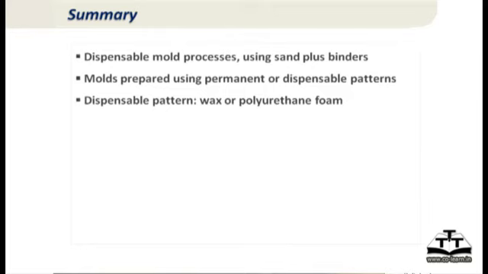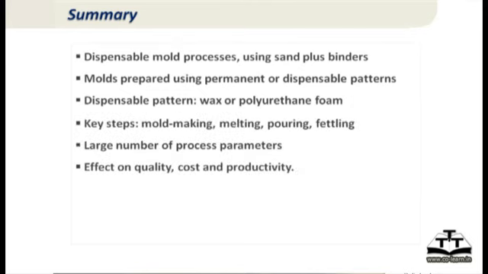The last one we have seen was the dispensable pattern, dispensable mold process, which is investment casting. The first one we have seen was a permanent pattern and a dispensable mold process, which is the green sand mold process. Then we looked at the various steps in a typical sand casting foundry, starting from mold making and core making to melting, pouring, fettling, and finally shipping.